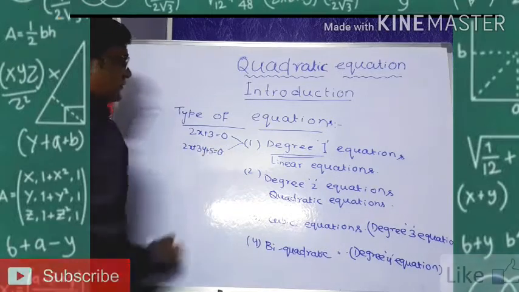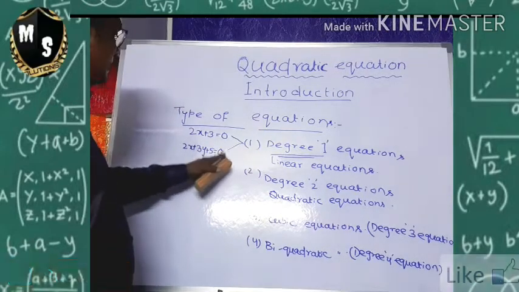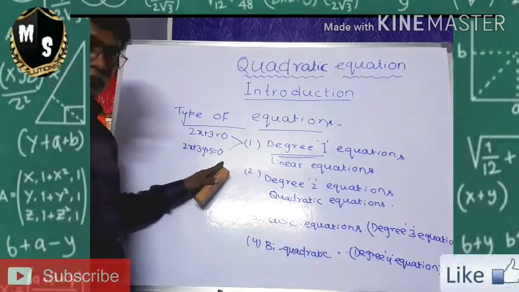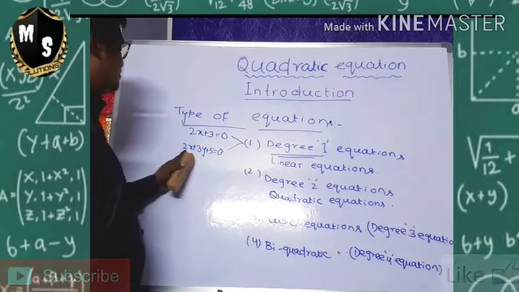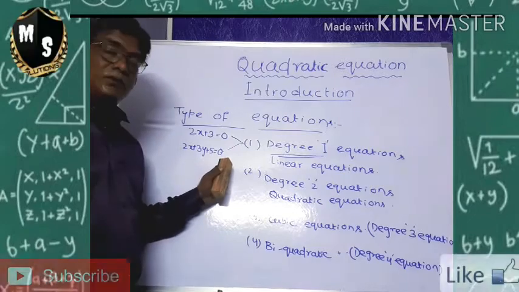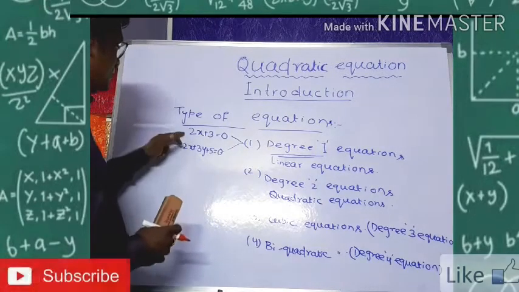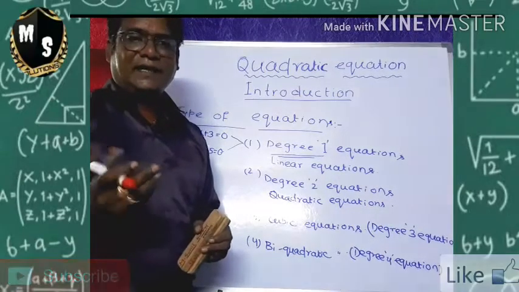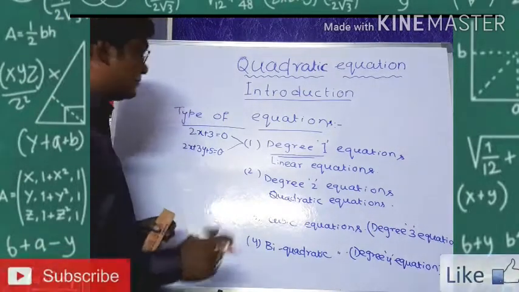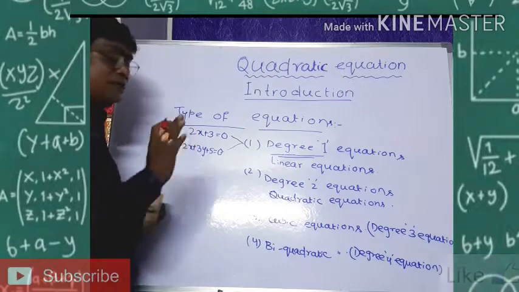Now in this degree 1, I take 2 equations on my own. One is 2x plus 3 equal to 0 and another is 2x plus 3y plus 5 equal to 0. In these 2 type equations, I said the degree is 1. So where is that degree? Degree always belongs to the variable. Try to understand.